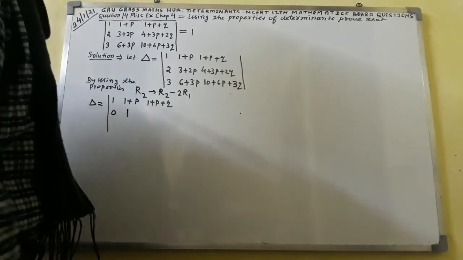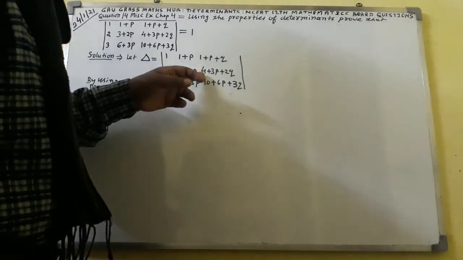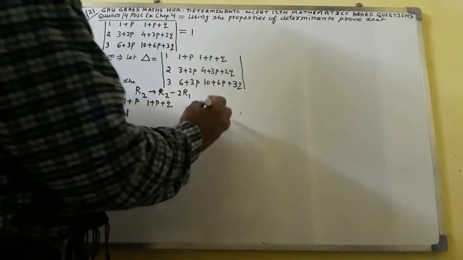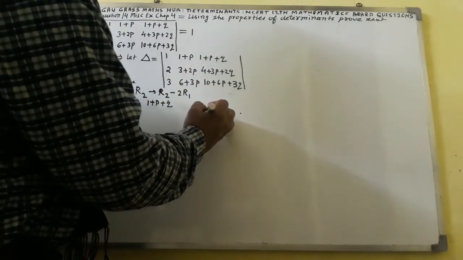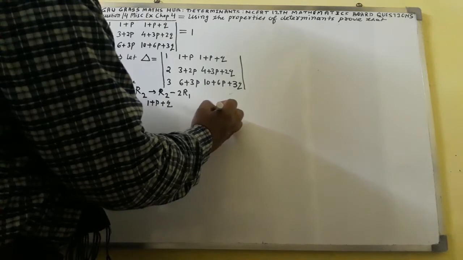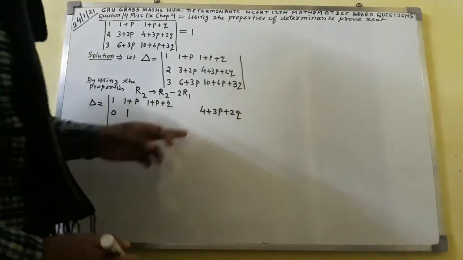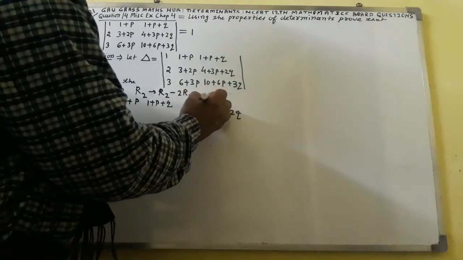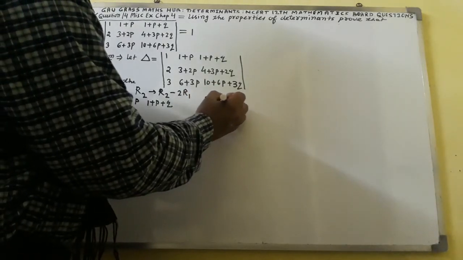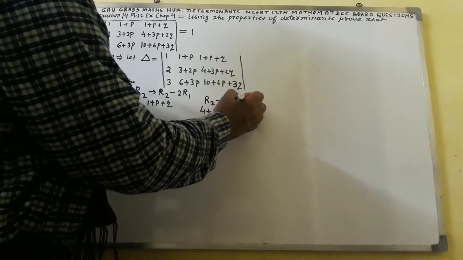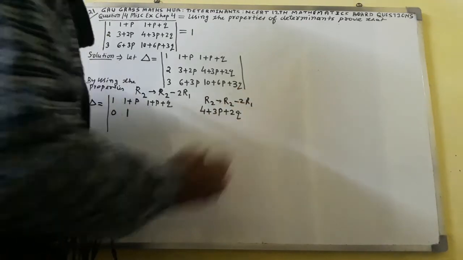Now again, if you take the element of R2 as 4 plus 3p plus 2q, R2 goes to R2 minus 2 times R1.